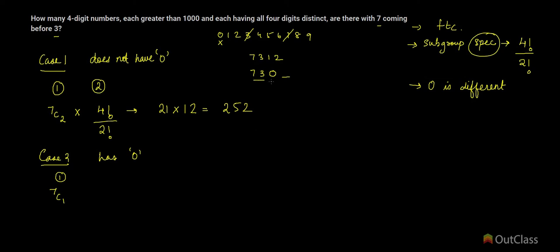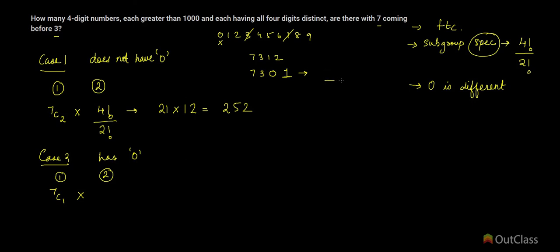I had 7, 3, I selected the 0, now I have to select 1 from the remaining 7. 7C1. Step 2, arrangements per selection. Now if you have something like 7 3 0 1, even without the subgroup specific condition, you cannot permute in 4 factorial ways, because that would also include a permutation that looks like this. I don't want this.